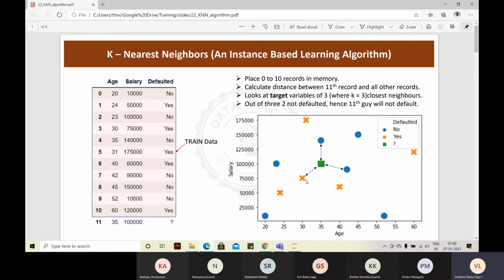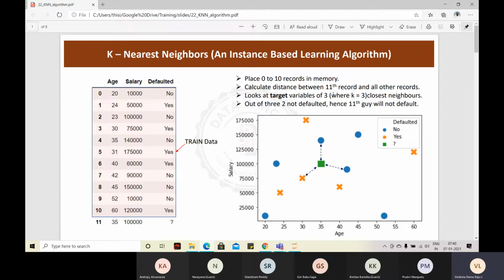So out of these three closest records, one was defaulted and two were not. So most probably this guy is not going to default. That's how the decision is made.